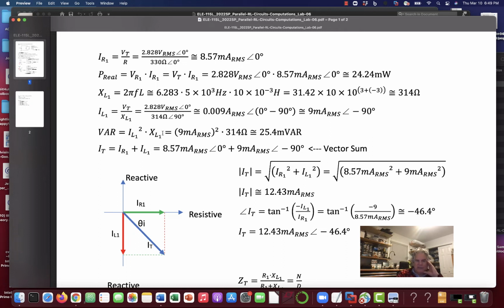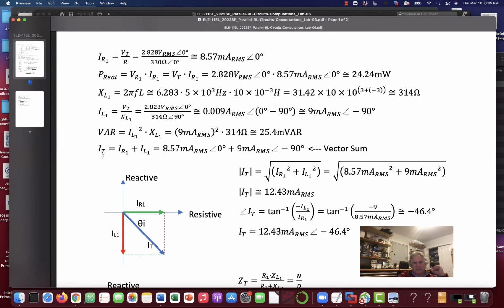I did the I squared R equivalent here, but in either case you can see that something close to 3 times 9 milliamperes would get you up close to 27 millivolt amperes reactive. Yes, and we got 25.4, so I think we're in the right ballpark there.